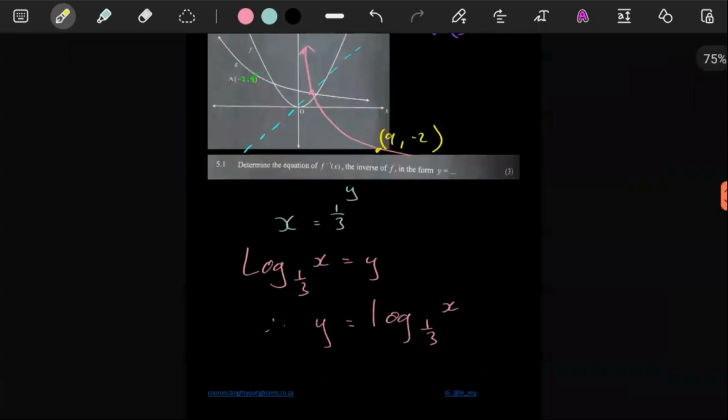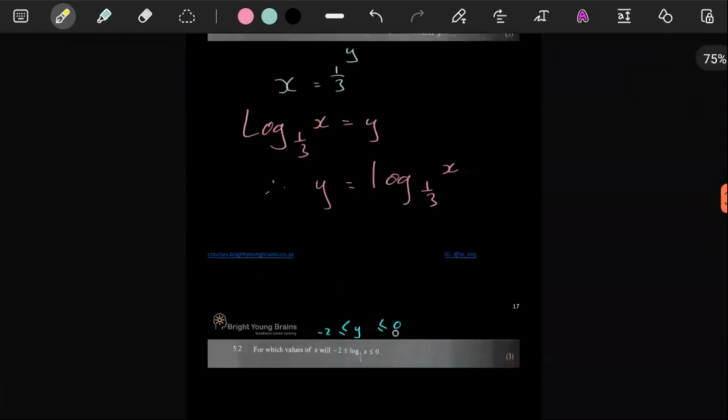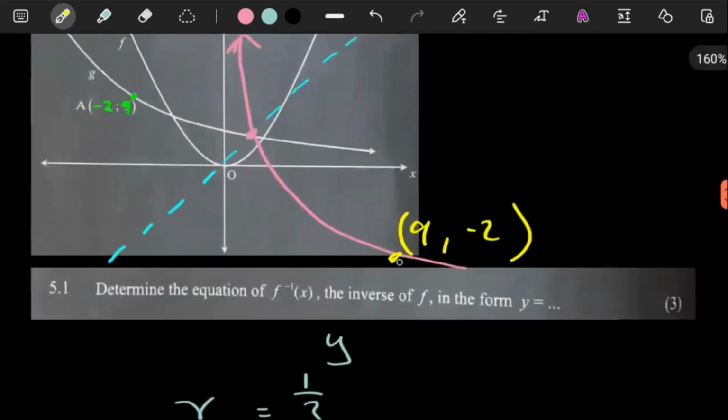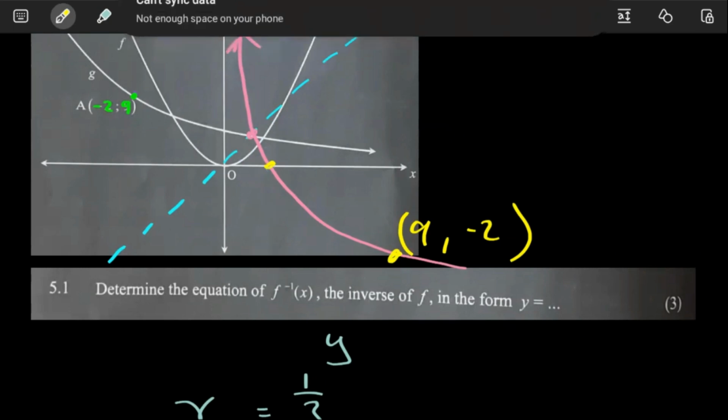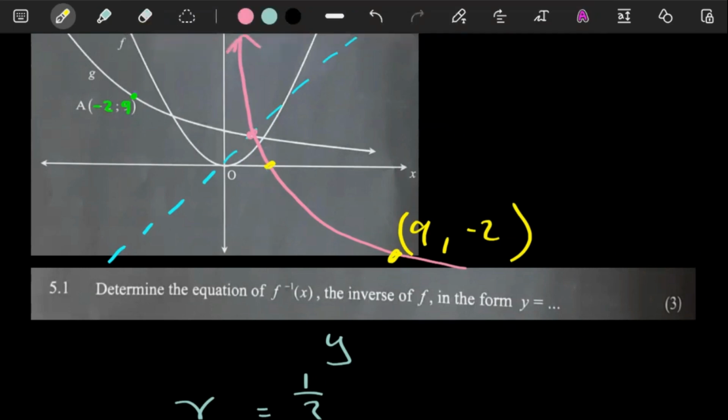So if they're asking where the y value is between negative 2 and 0, what you already know is there's a y value of negative 2 here, and there's a y value of 0 over there. So all we need to do is find out the x value here, because our answer will be specifically from this x value until this x value.